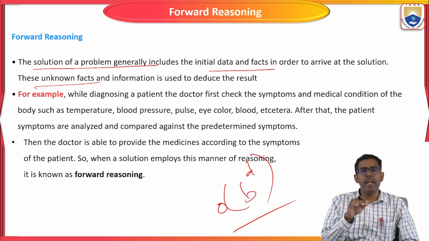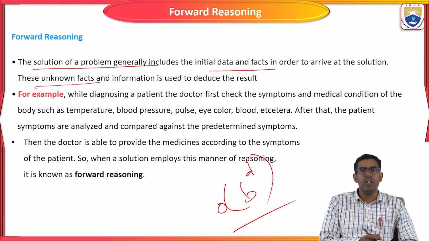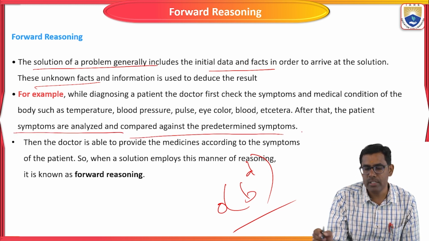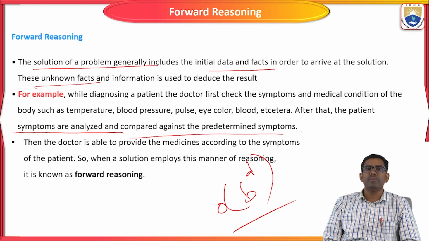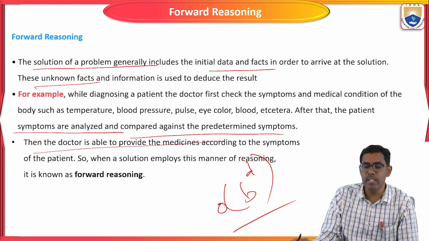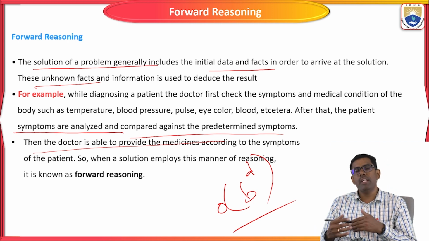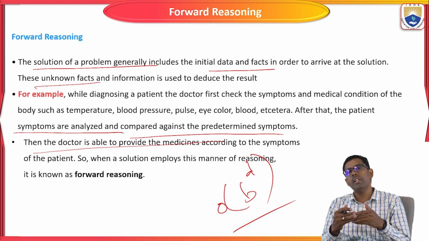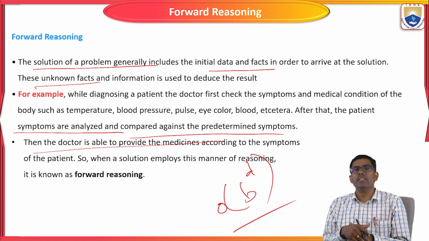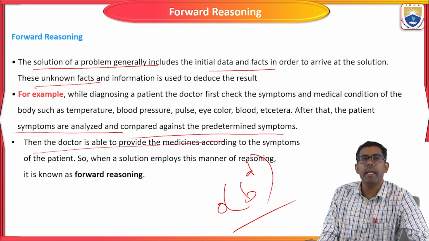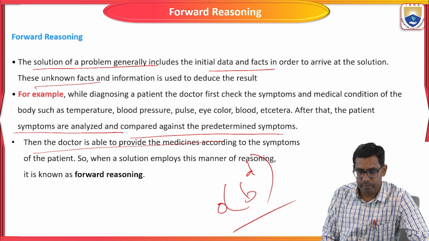The doctor identifies that the patient is suffering from something. So symptoms are analyzed and compared against the predetermined symptoms. Then the doctor is able to provide a diagnosis according to the symptoms. So here we go forward to find what kind of illness the patient suffers from. Like this, we use forward reasoning in artificial intelligence machines.